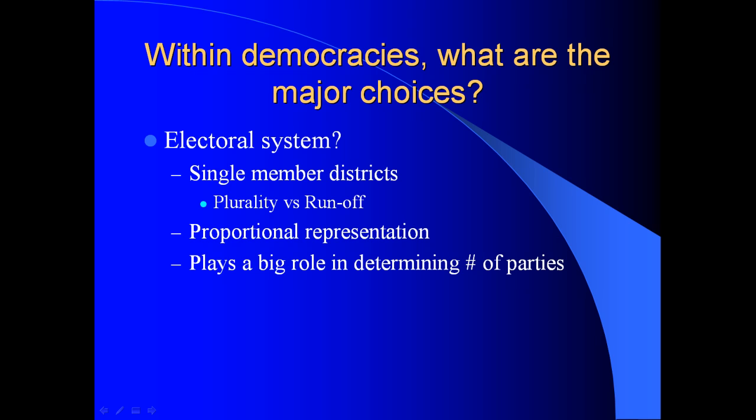You can have parties that only get 5% of the vote, because that'll still get them 5% of the seats in the legislature, and they can use that to bargain with, to try and become part of a coalition. So, depending on what kind of rules you're using, it makes a big difference in the number of parties you're going to have, in whether they're going to run on their own platform or they're going to compete for a more moderate position. So this is something you should always look for when you're looking at how a state is set up.